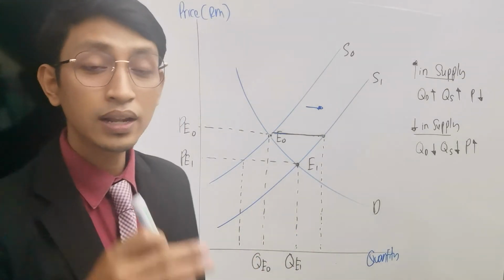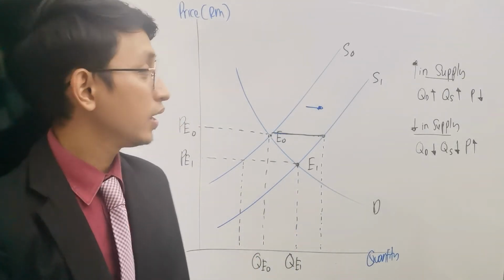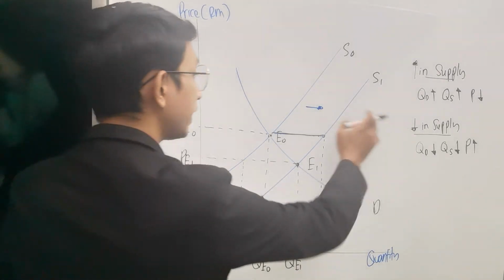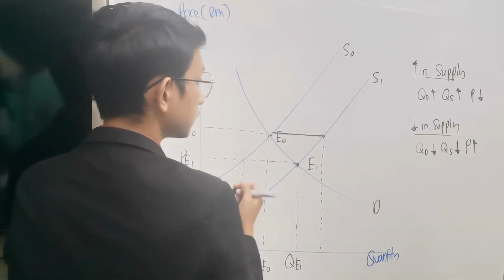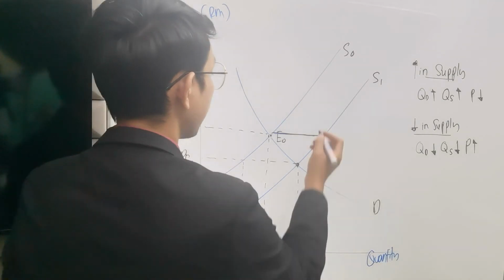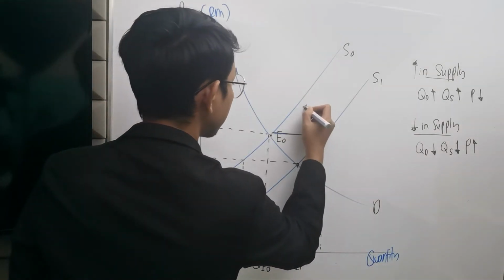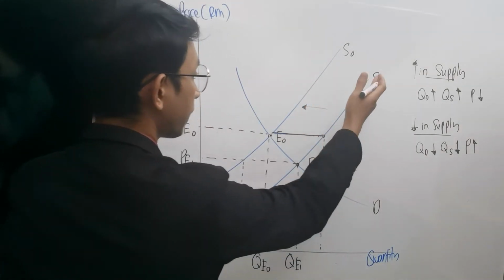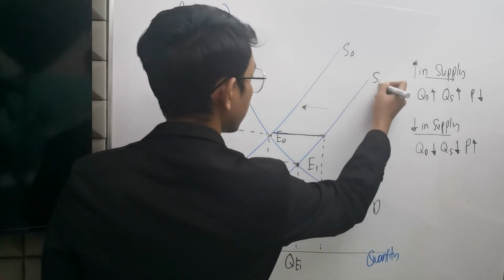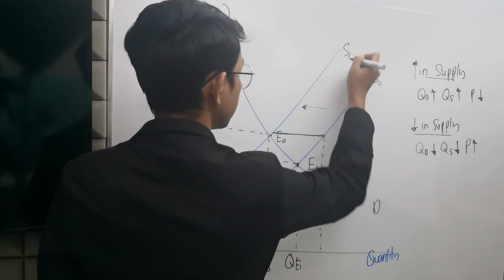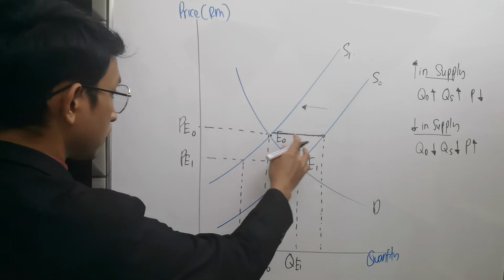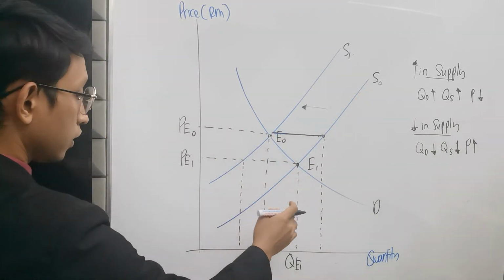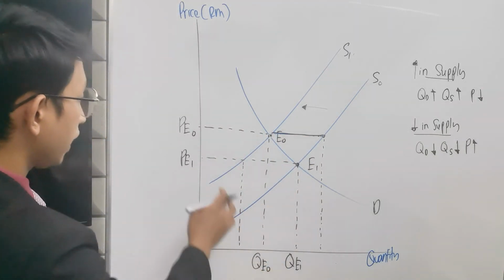Okay, so now let's change our scenario. Let's say we have a decrease in supply. If we have a decrease in supply, then our supply curve will shift to the left. So this is S0, this is S1. Let me change the label first.